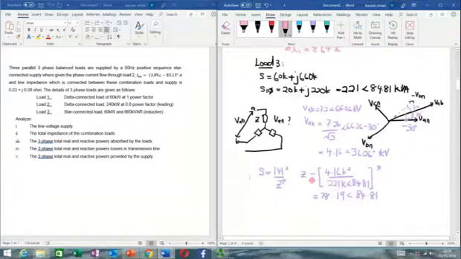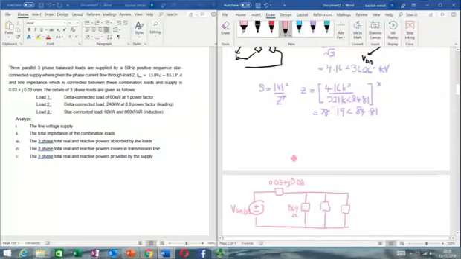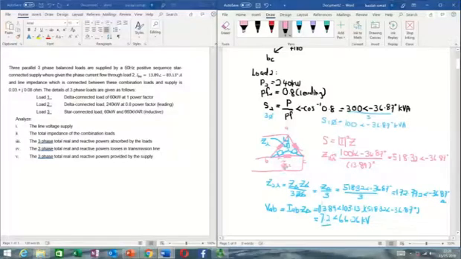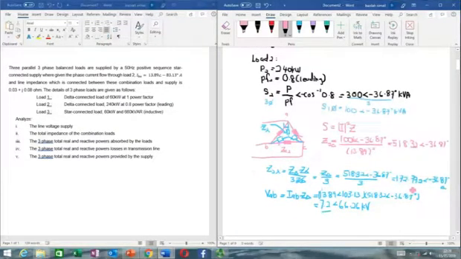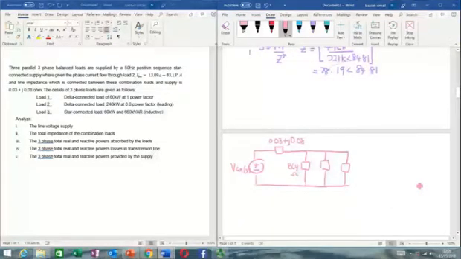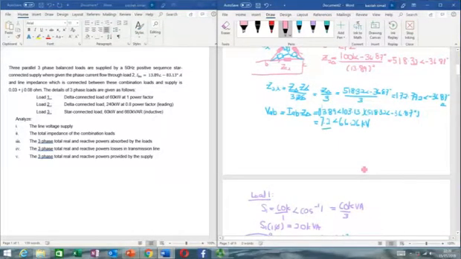Then load 1 is 864 ohm. Load 2 for star is 172.77 angle negative 36.87.